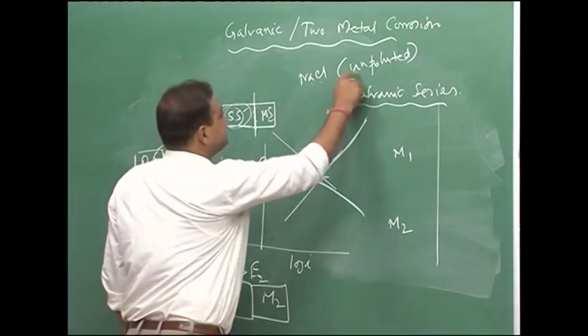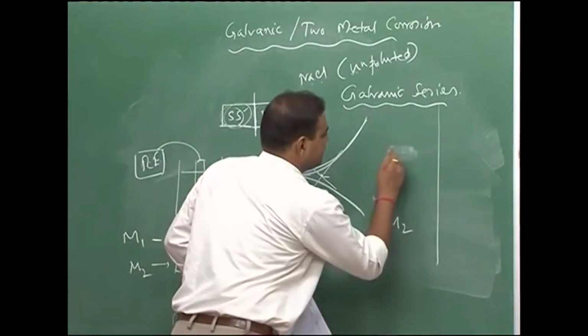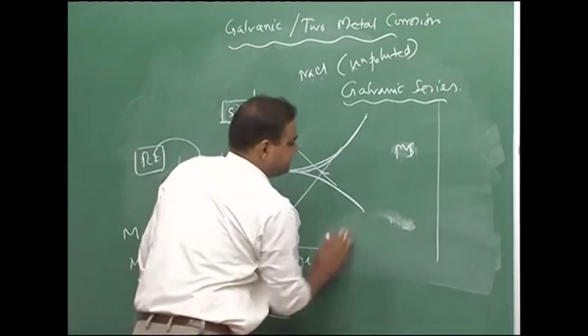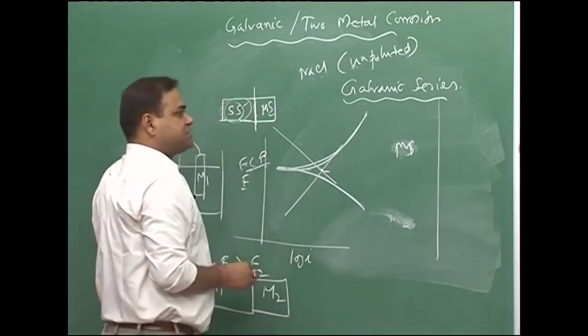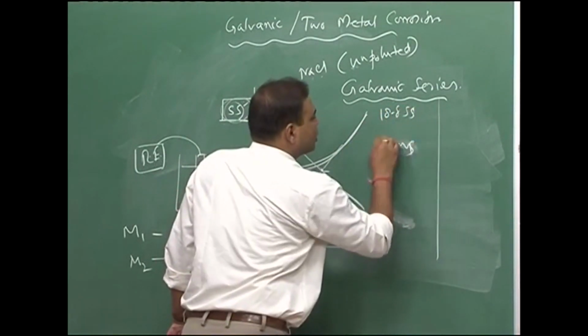Let us say in case of unpolluted NaCl solution, mild steel will be placed like this, and 18/8 stainless steel will be on top of this.